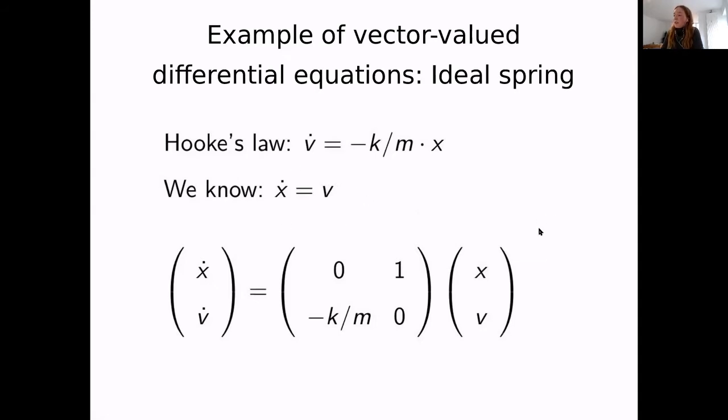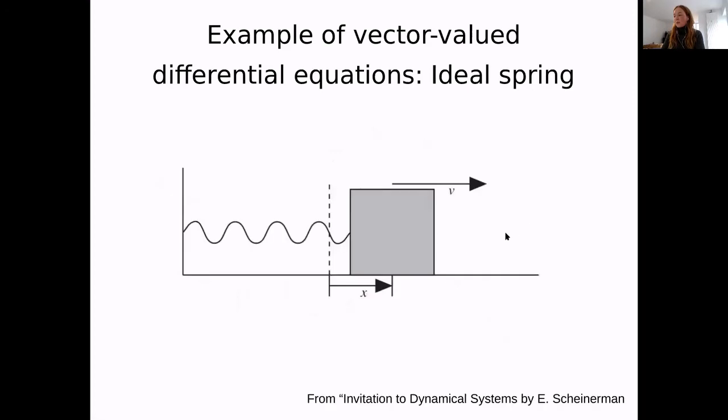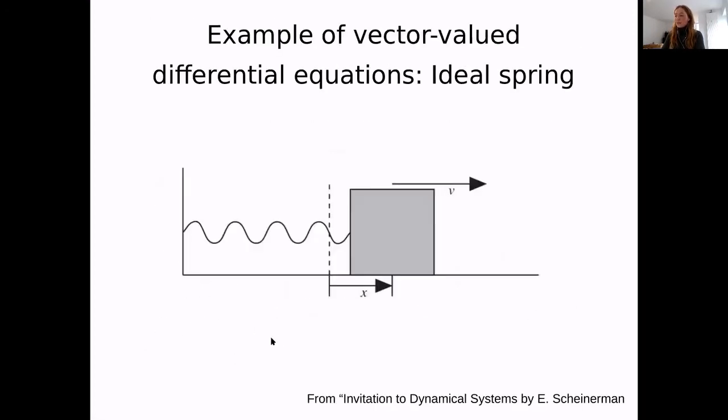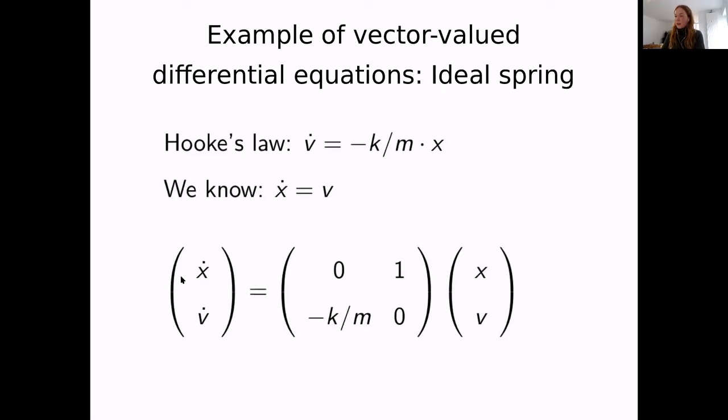Now we can write the equation. So our x dot equals f of x, with two vectors and a matrix. So our position x and our velocity v is now our state vector. And here we have the time derivative of x and v. And this is the matrix being the function f.